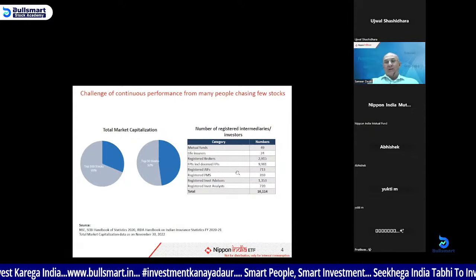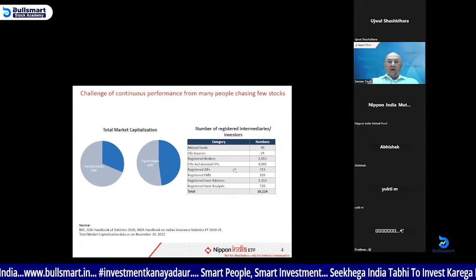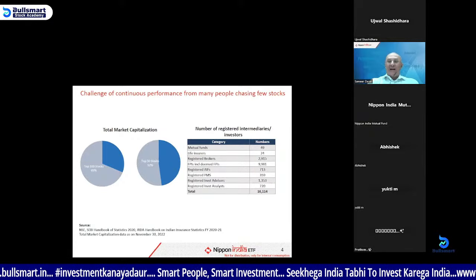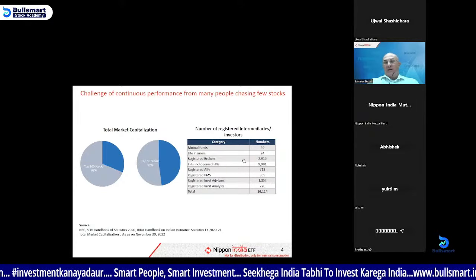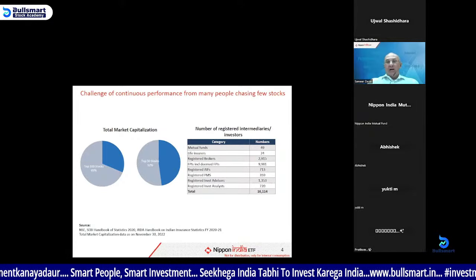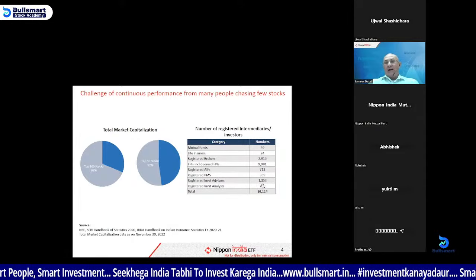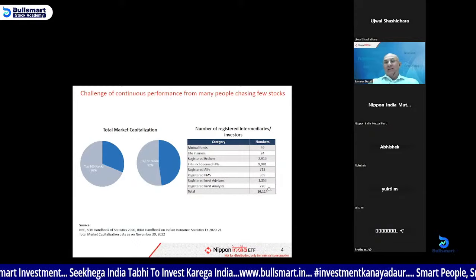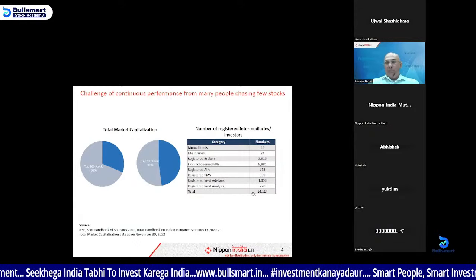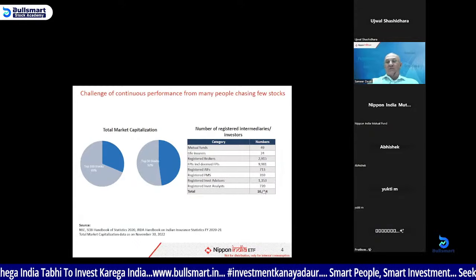In fact, this table does not contain the data of treasuries, corporate treasuries, bank treasuries, pension funds, family offices. All these entities are into the business of generating alpha. So you have currently almost 16,000 entities and many more who are in the business of generating alpha.